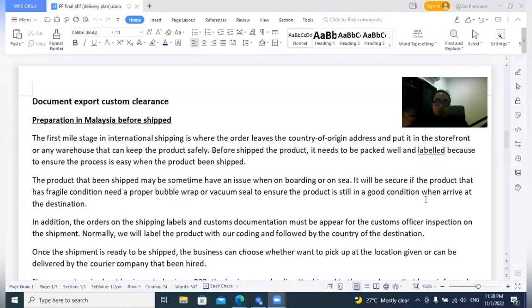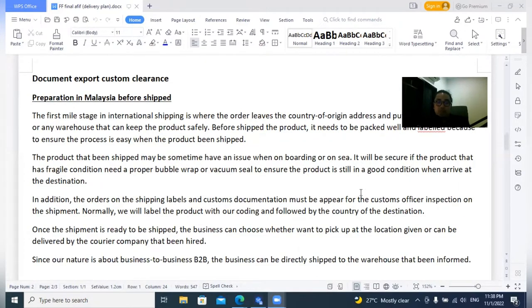Normally, we label the product with our coding, and the buyer will know the coding of our products, followed by the destination country. This is to ensure that we can differentiate products exported to different countries. Once the shipment is ready, the business can choose whether to pick it up at the given location or have it delivered by the courier company that we hired.